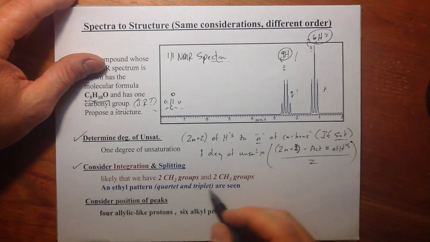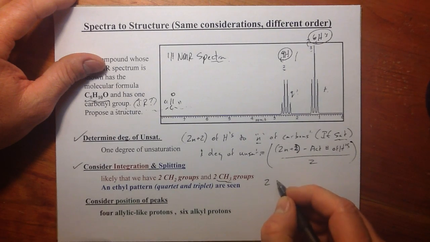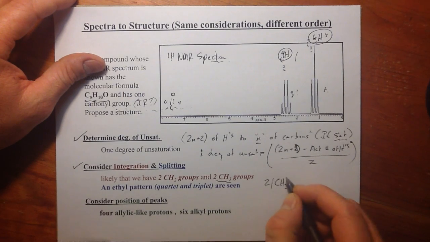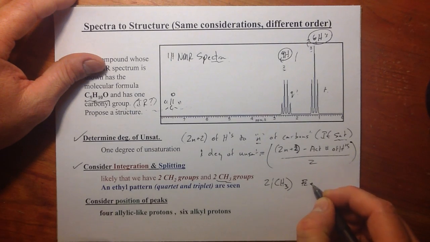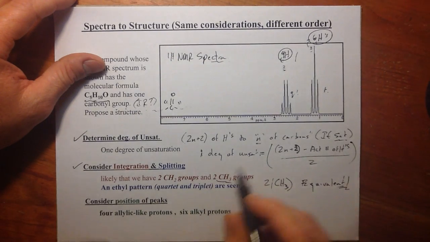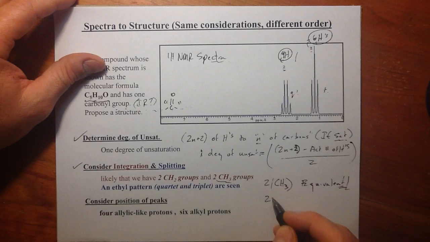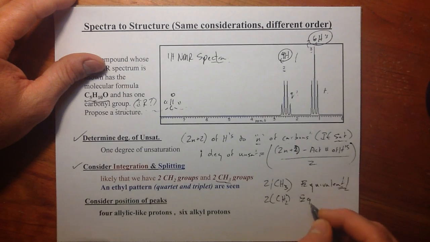So the easiest way to make 6 protons equivalent is to propose that I have 2 CH3 groups that have to be equivalent. And the best way to propose 4 protons to be equivalent is to have 2 CH2 groups, or methylene groups, that are equivalent.